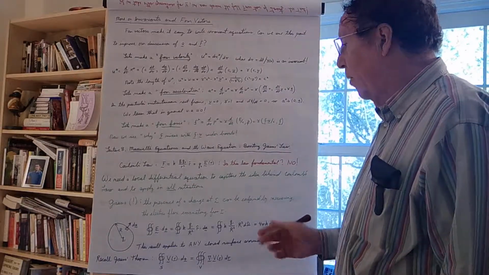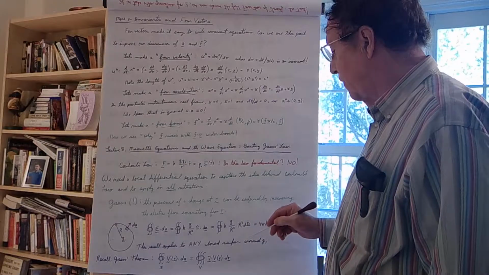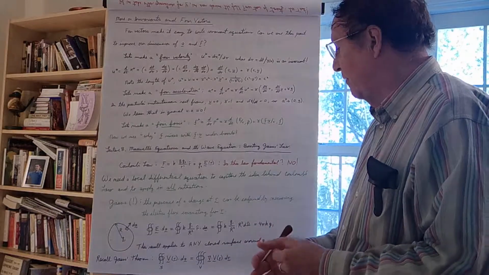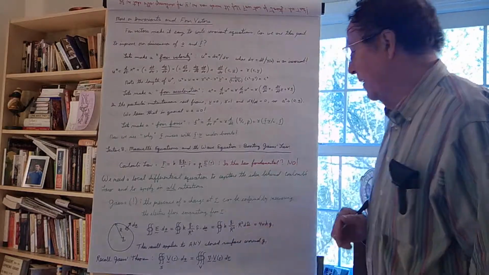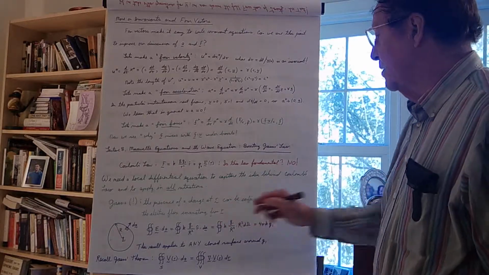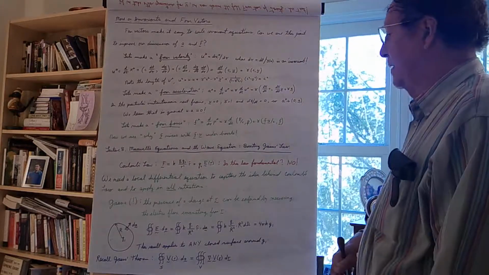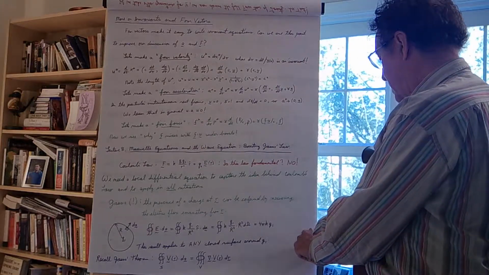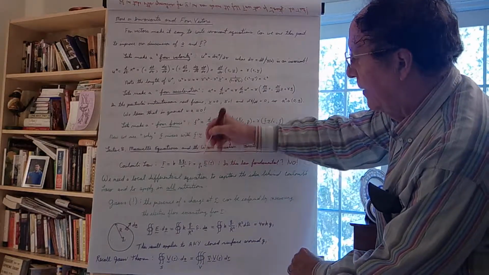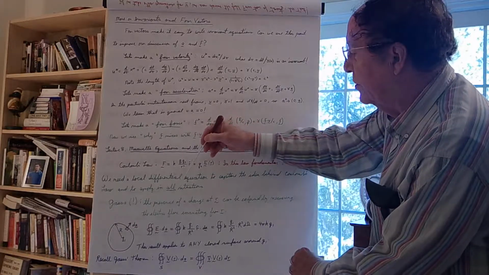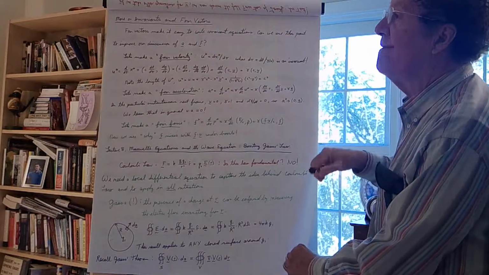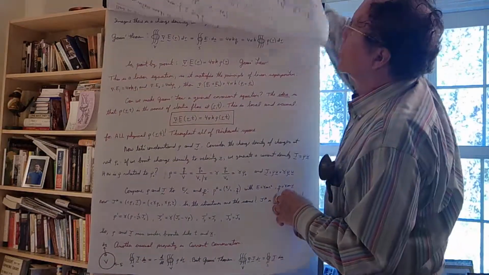The point of the theorem is that this holds for any closed volume V, provided it is smooth enough, with a surface S. So I can come back to Gauss's law, the application to the electric field case, and simplify the right-hand side, because on the one side of the equation I have the surface integral of the electric field, so I can write that as the volume integral of the divergence of the electric field.